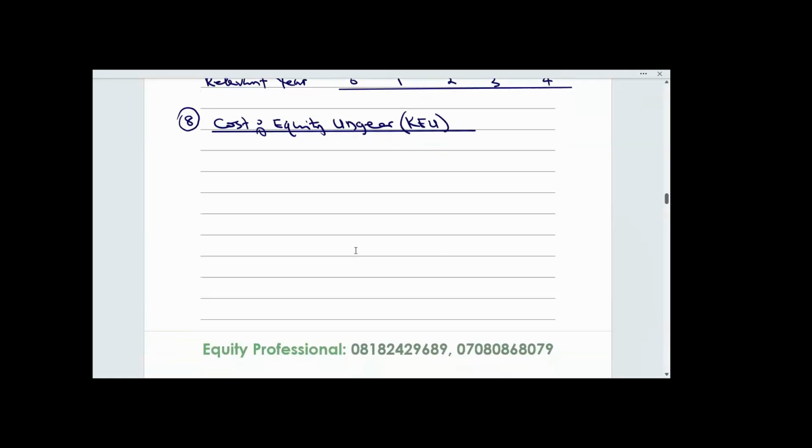According to Miller and Modigliani, cost of equity of geared is equal to cost of equity on ungeared, let me write that, plus, open a bracket, cost of equity on ungeared minus cost of debt, all of this multiplied by debt value multiplied by 1 minus tax, divided by equity value. So this is the Miller and Modigliani formula of calculating cost of equity.